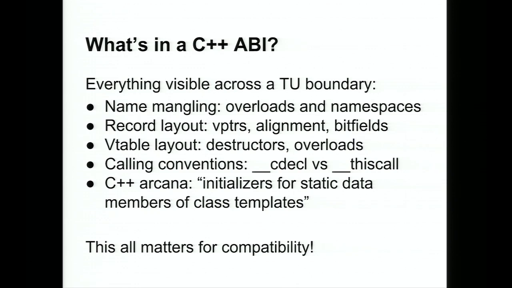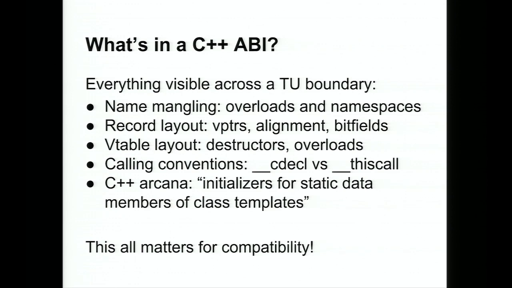So what's really in a C++ ABI? A C++ ABI is basically everything you need to know in order to interact with C++ code across a translation unit boundary. So that means things like name mangling. C++ supports overloads where you can have two functions with the same name, but they're different functions, and you can call them based on the types, static dispatch, all that good stuff.